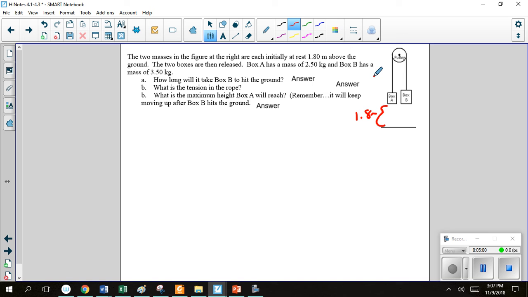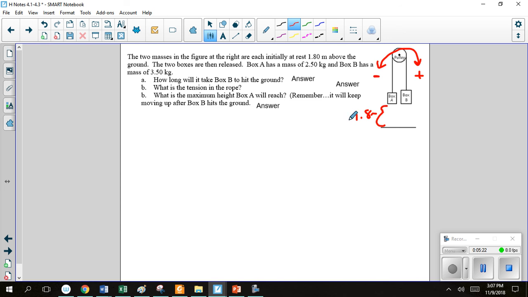I always think the left side is negative and the right side is positive. Even though gravity is pulling on them both equally at 9.8, anything that goes clockwise will be positive, and anything that goes counterclockwise will be negative.